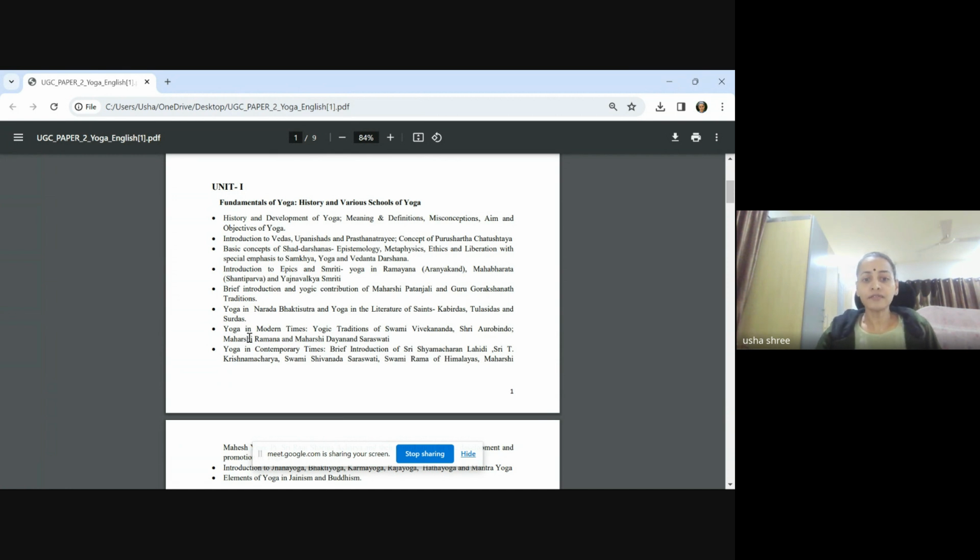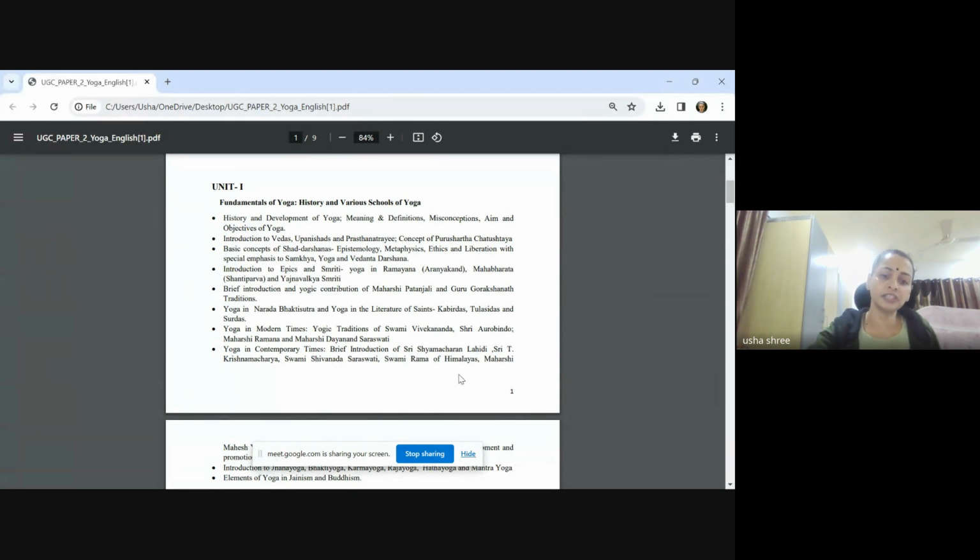And then you have yoga in modern times and yogic traditions of Swami Vivekananda, Aurobindo, Maharishi Ramana, Maharishi Dayanand Saraswati. You will learn the life histories of all these modern yogis. And yoga in contemporary times, where Sham Charan Lahiri and Krishnamacharya, Shivananda Saraswati, Swami Rama of the Himalayas.